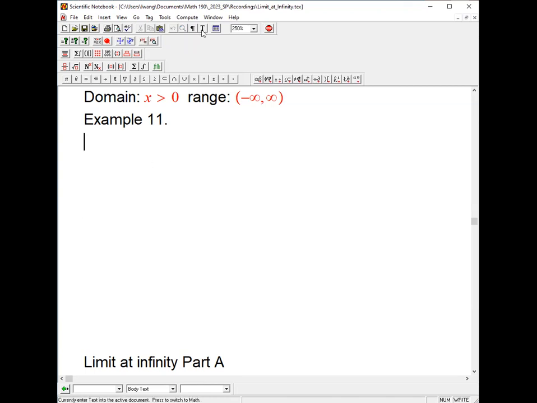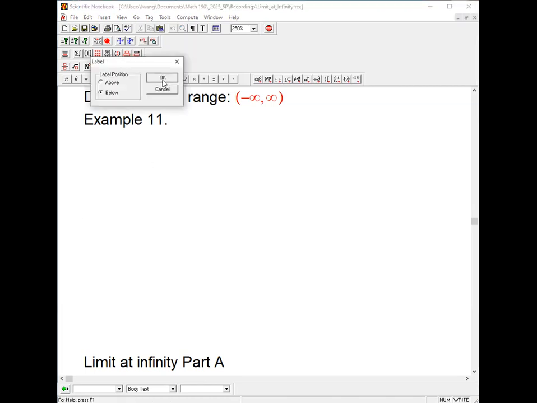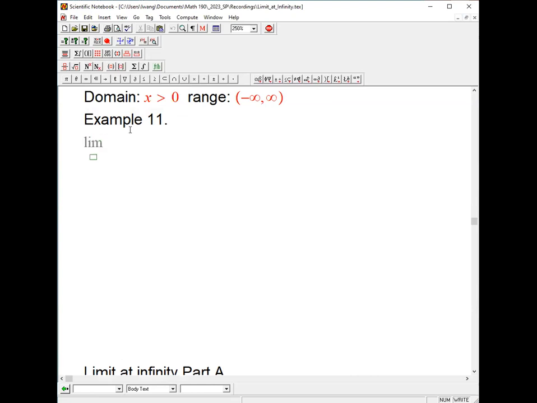So we have a limit as x approaches positive infinity of natural logarithm of 1 plus x squared minus ln of 1 plus x.